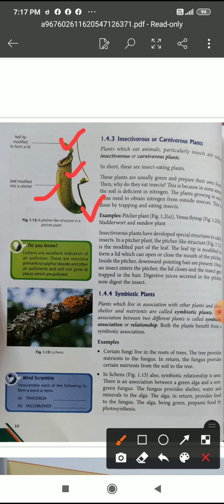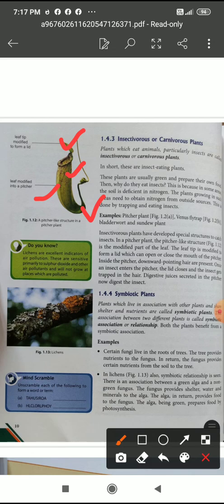Inside the pitcher, downward pointing hairs are present. Once an insect enters the pitcher, the lid closes and the insect gets trapped in the hair. Digestive juices secreted in the pitcher now digest the insect.